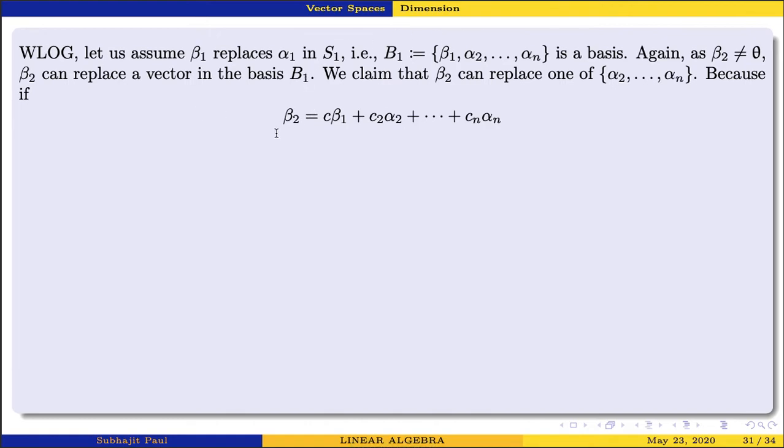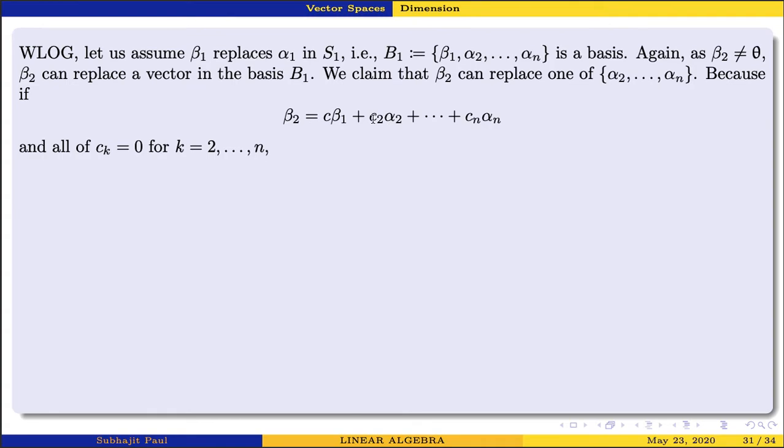Because beta 2 is expressed as a linear combination of these basis vectors, c1 beta 1 plus c2 alpha 2 up to cn alpha n, and beta 2 can replace those vectors for which the scalar coefficient is not 0.